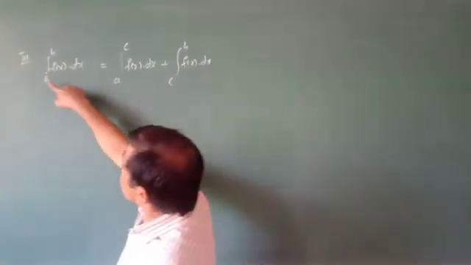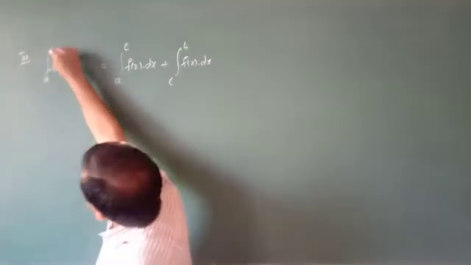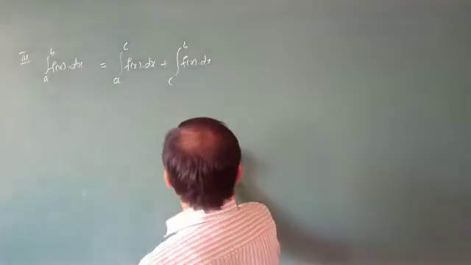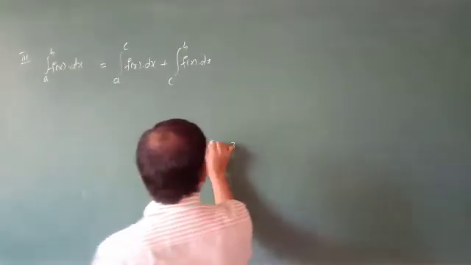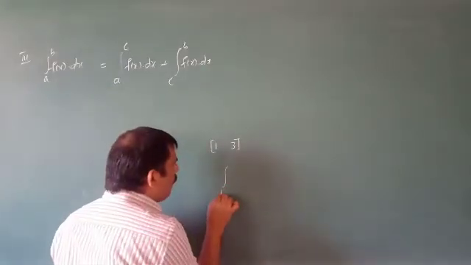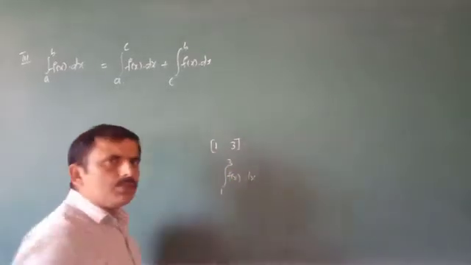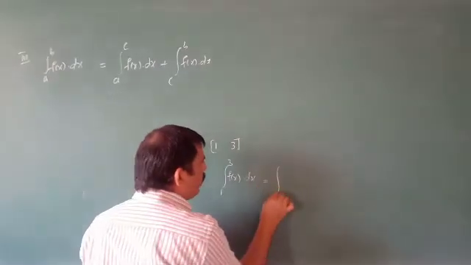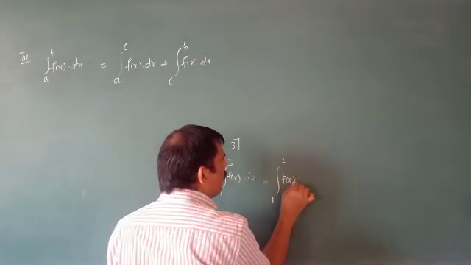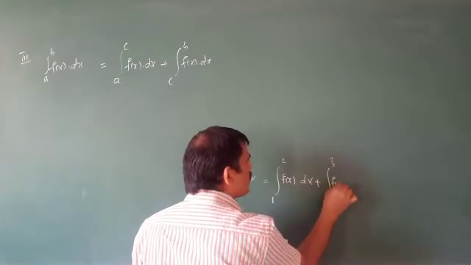So the limits of the integration are split in between a and b. If the integral is from 1 to 3 of f of x with respect to x, then how do we write it? The integral from 1 to 2 of f of x with respect to x plus the integral from 2 to 3 of f of x with respect to x.